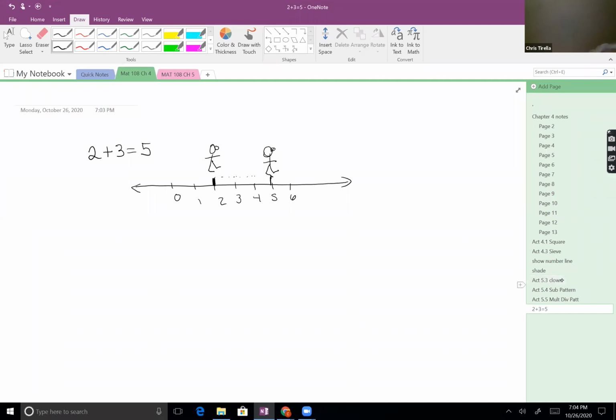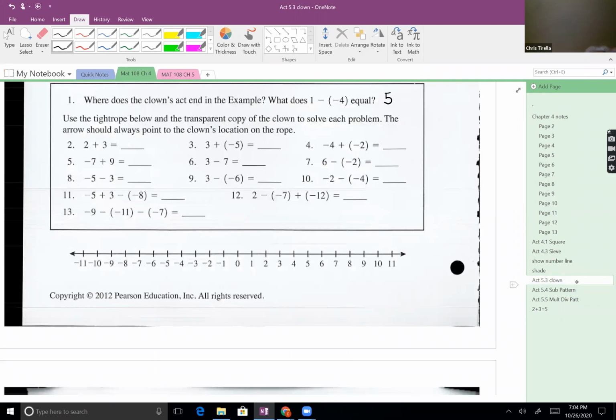The sheet asks you to try to draw similar pictures for these others. Let's look at all of them.